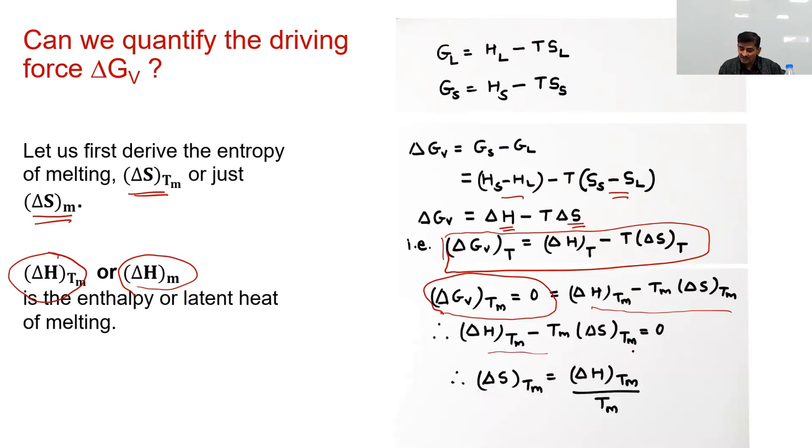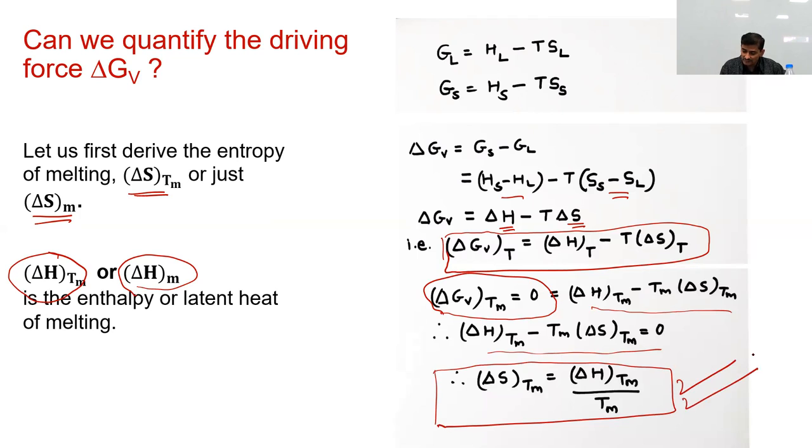Simply put, delta H at the melting point equals the melting point times the entropy change at the melting point. Here is a very useful result: the entropy change at the melting point, delta S, equals the enthalpy change at the melting point, delta H, divided by the melting point itself. I think this is known as Richards' rule or something.